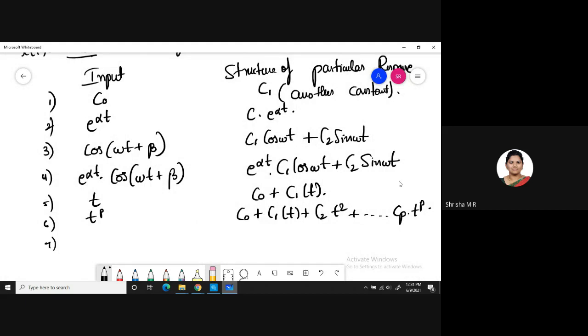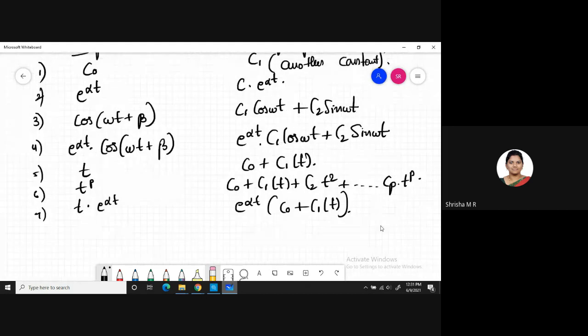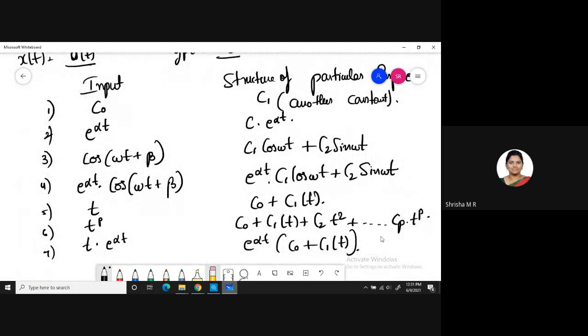Then if your input is of the form t into e power alpha t, then it will be e power alpha t into C0 plus C1 into t. Okay. So this is the table for input and structure of particular response.